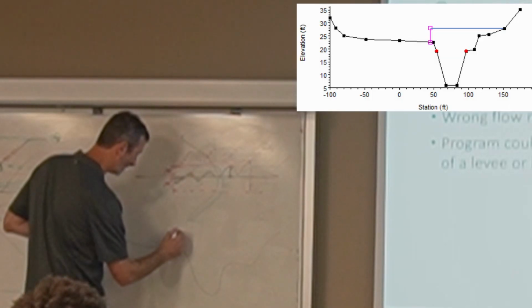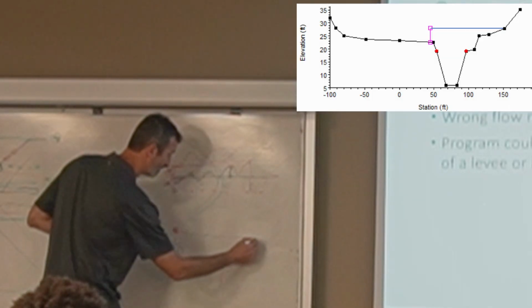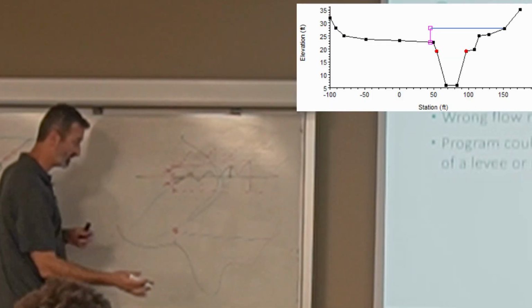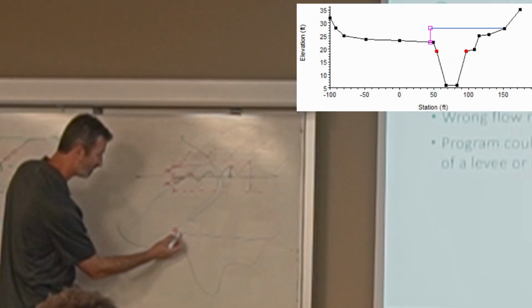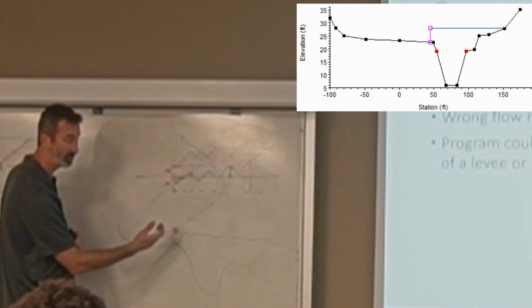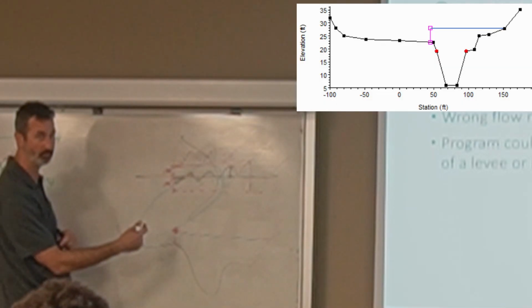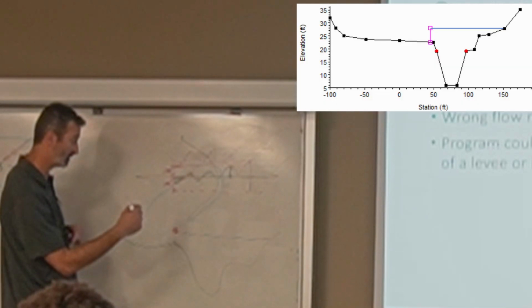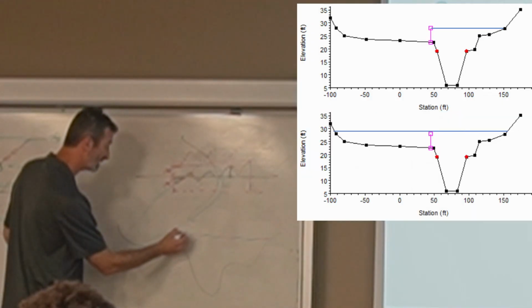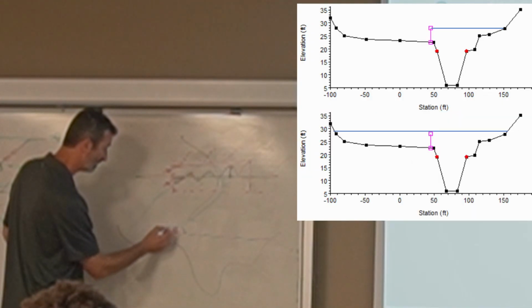At one iteration, it's trying to balance the energy grade line from the cross section down below, and it tries this water surface, and it says, well, it doesn't match. The energy grade line I get here does not match the projected energy loss. So it says, I will try something ever so slightly higher, namely this one.